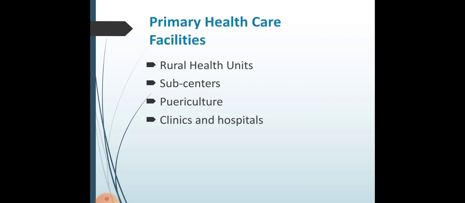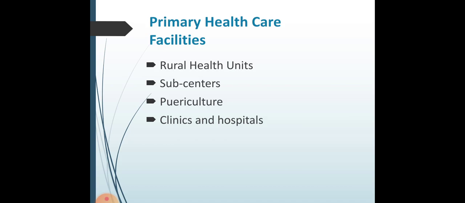So let us identify the primary healthcare facilities. We've mentioned rural health units, which are present in a barangay or in one purok. That is a possibility, as well as sub-centers or small health centers. These sub-centers or health centers are actually under the rural health unit.